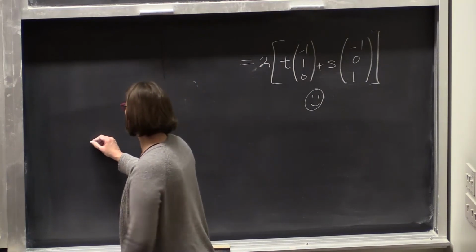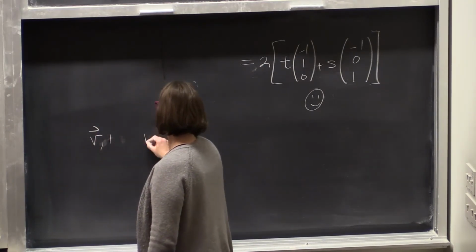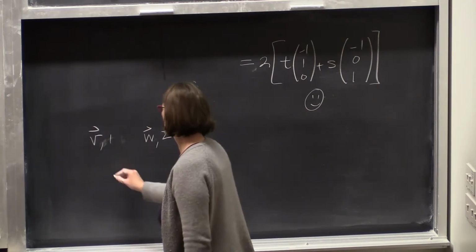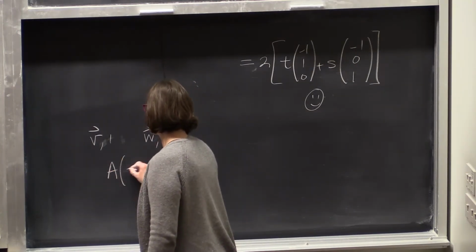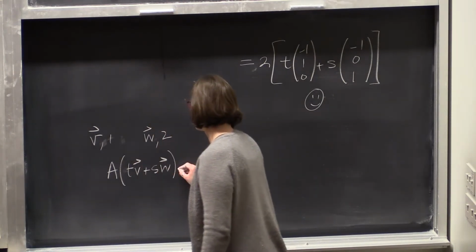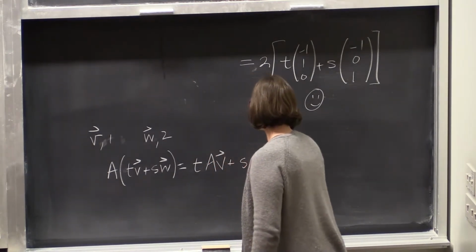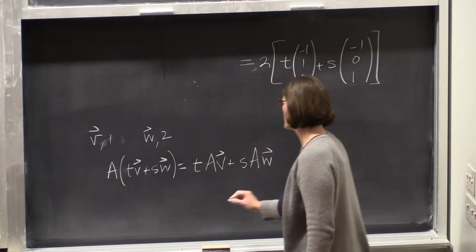To be clear, if I had v with eigenvalue 1 and w with eigenvalue 2, if I computed A times tv plus sw, I would get t times Av plus s times Aw.